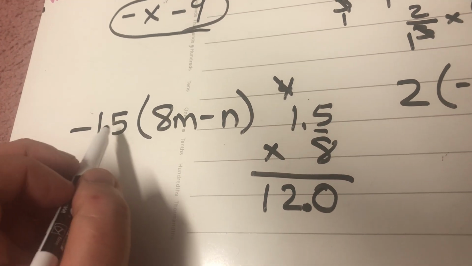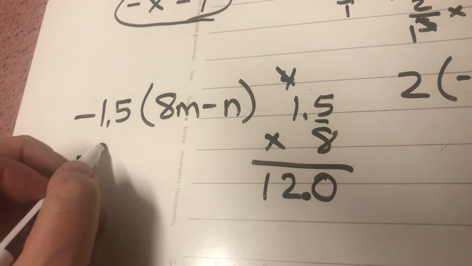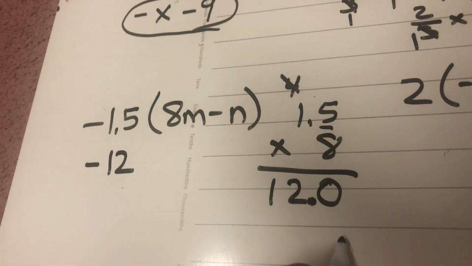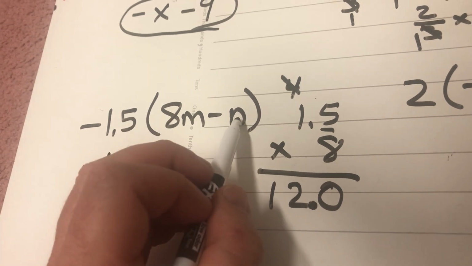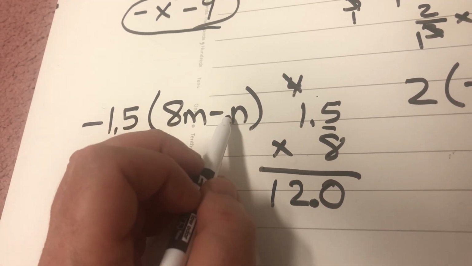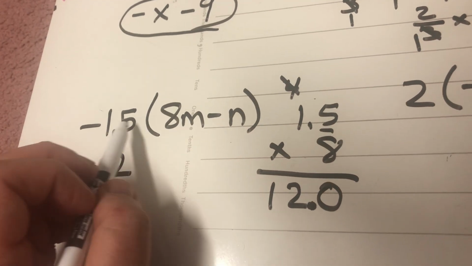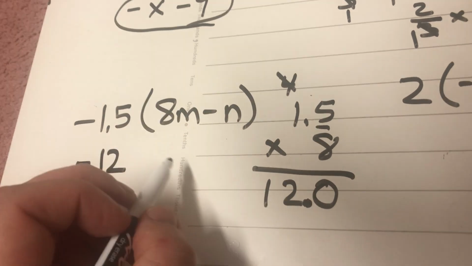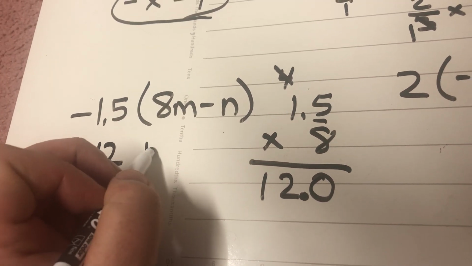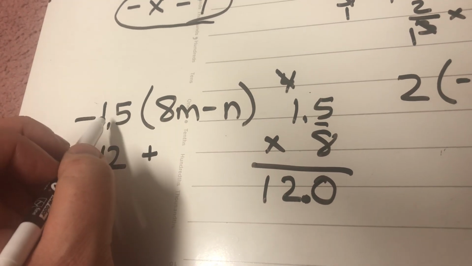But it's a negative 1.5 and a positive 8, so it has to be a negative 12. Well, here now it's a negative 1.5 times a negative n. There's no number in front of the n, so we understand that that is a 1. Negative 1.5 times a negative 1. Well, a negative times a negative has to be a positive, and anything times 1 has to be the other number.